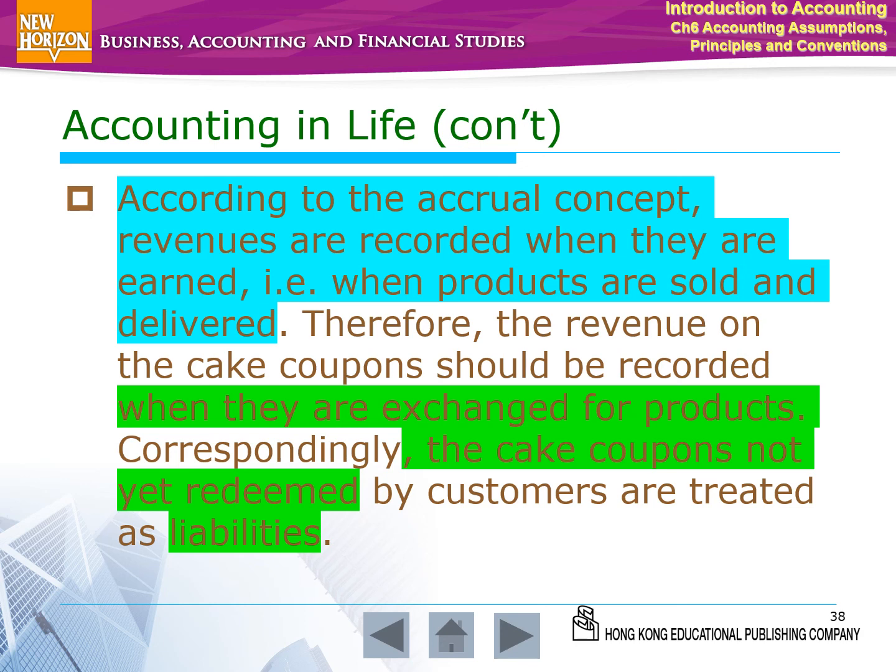That means you have received cash from the customer, but you have not provided cakes to the customer. It is a kind of liability because you have gained some benefit from the customers, receiving cash without providing service or giving goods to the customers. So it is a kind of liability.